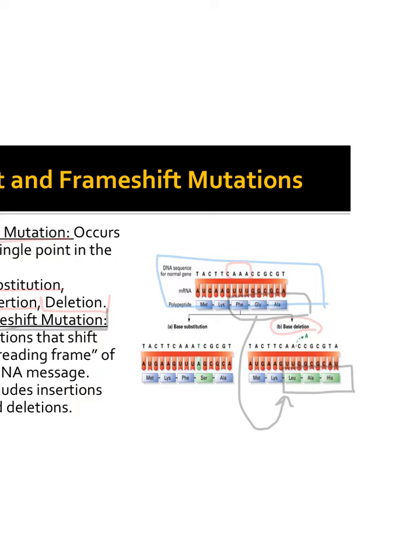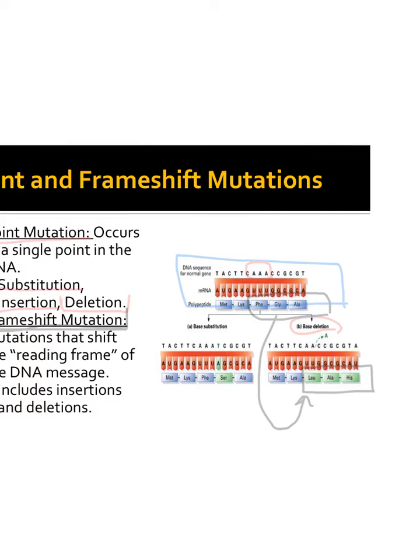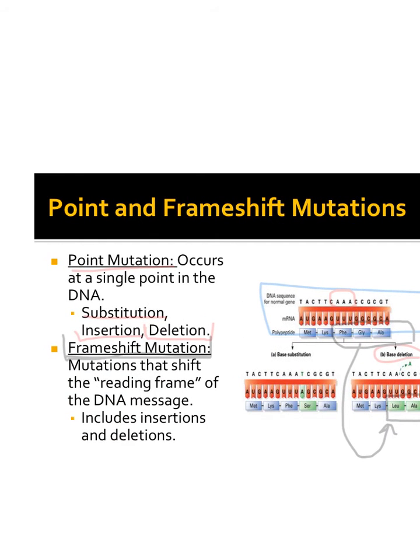We will see this on a subsequent slide, but that is the danger of insertions and deletions. They are shifting that reading frame. Every codon downstream of the mutation will be changed, meaning those amino acids have a very high potential to be changed from what they should have been from a DNA sequence that did not have a mutation in it. This will make a little more sense as we work through it on the next slide.